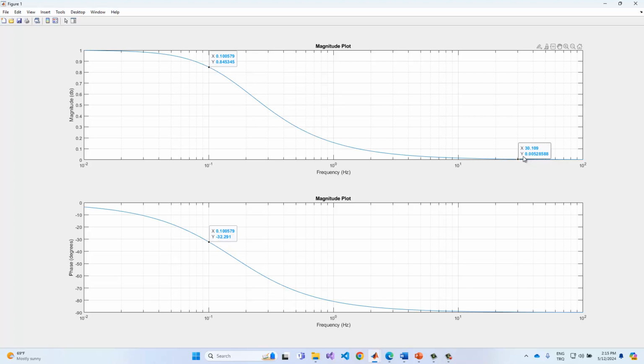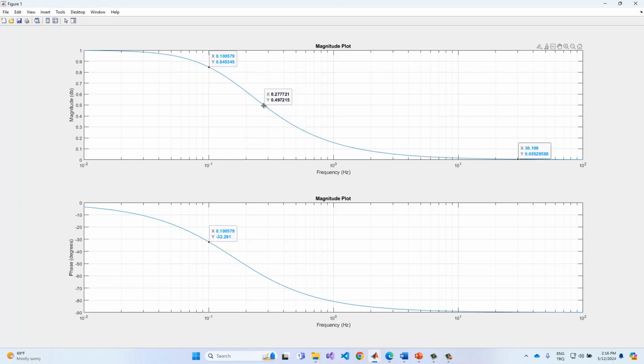To y and x in here, the x 30, which means that if we apply the sinus signal with the frequency of 30, then we reduce or diminish the whole signal at the rate of what? The 0.005, which means that we don't have any signal in here. Okay?